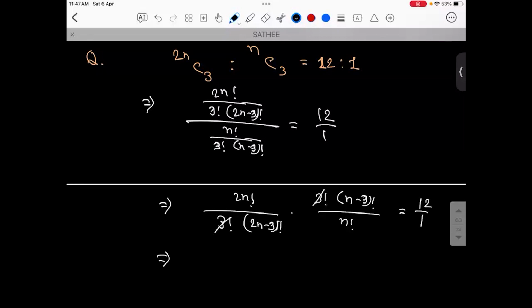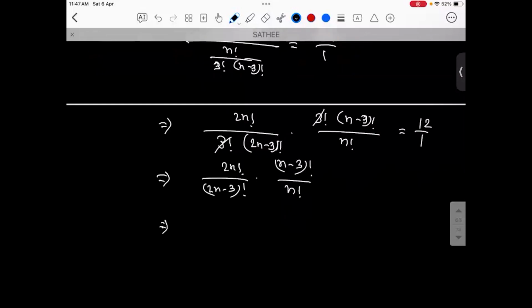Now how can you manage all these terms? Here you have 2n factorial divided by 2n minus 3 factorial. Here you have n minus 3 factorial. This is n factorial. So how can I write this? 2n into 2n minus 1 into 2n minus 2 and so on, up to 2n minus 3, sorry, 2n factorial, right?